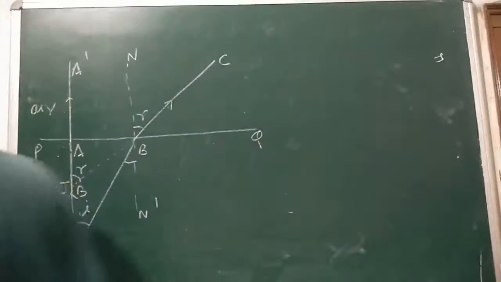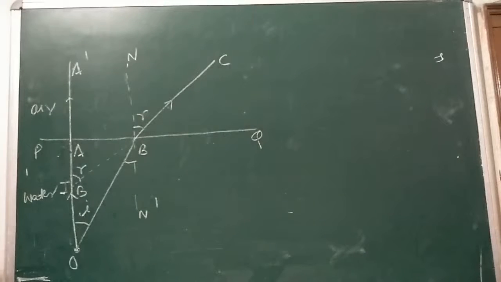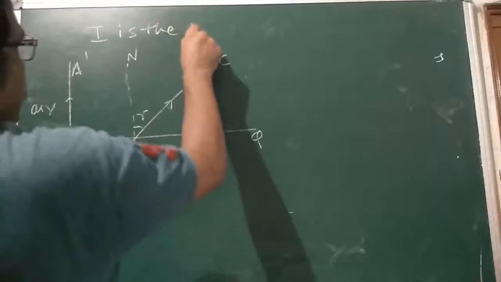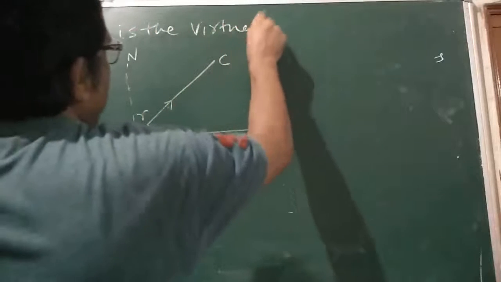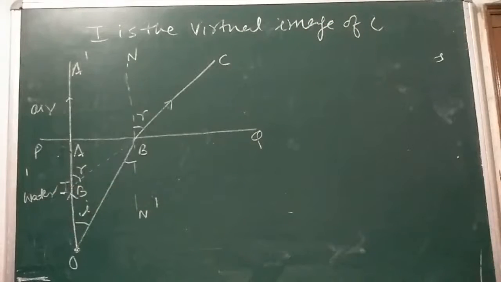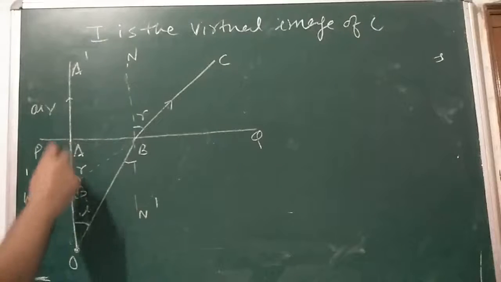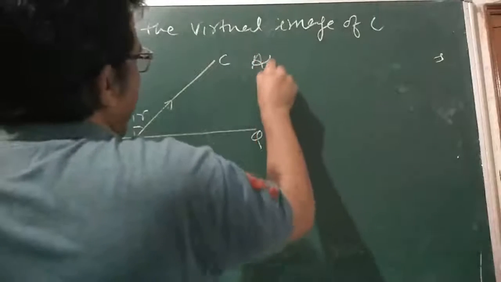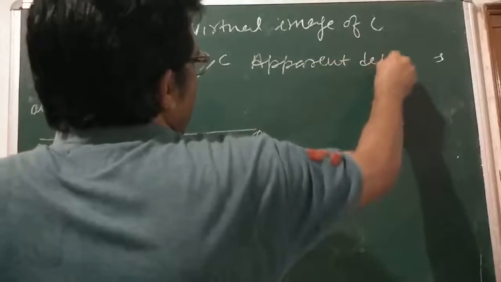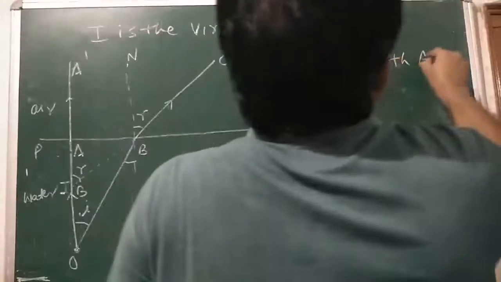Now, so I is the virtual image of O. I is the virtual image of O here. So apparent depth is AI.